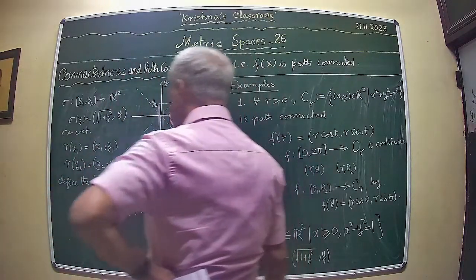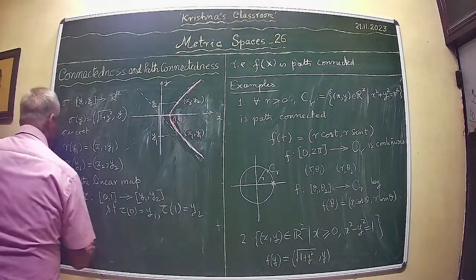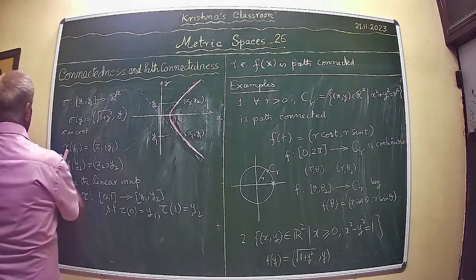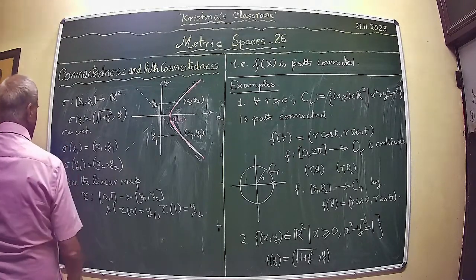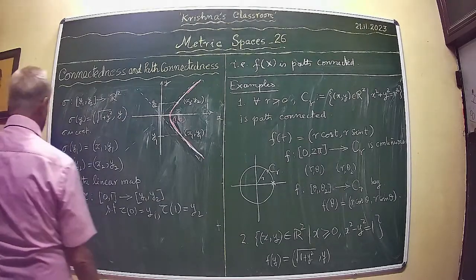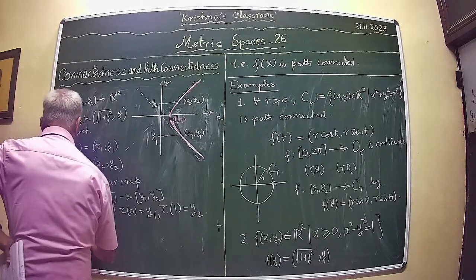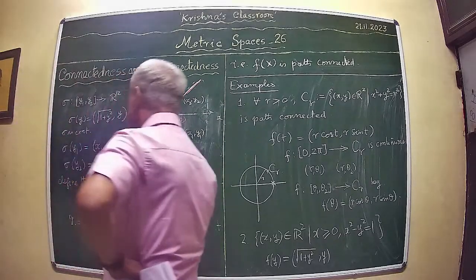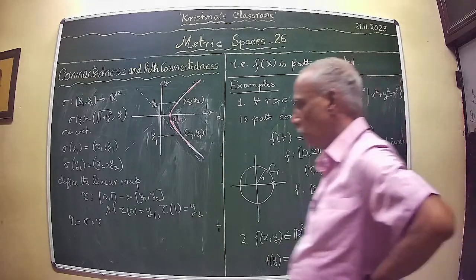Now what do you do? You take sigma, this is sigma, take gamma as defined as sigma composed with tau, because sigma and tau are both continuous maps, so their composition is continuous.